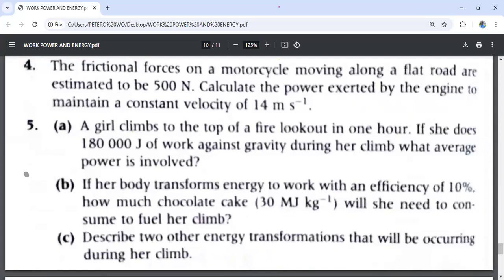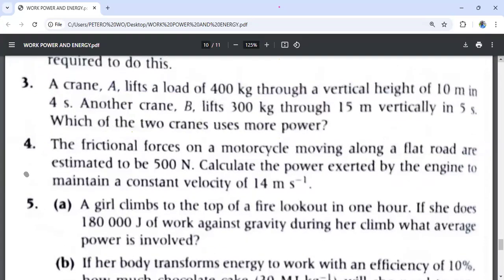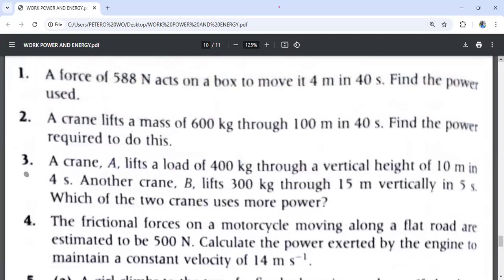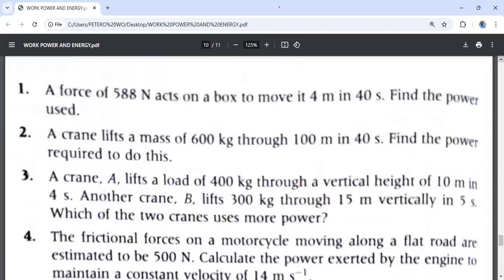Now, the reason why we have 15,000 on number 2 is that they gave us mass as 600 kilograms.